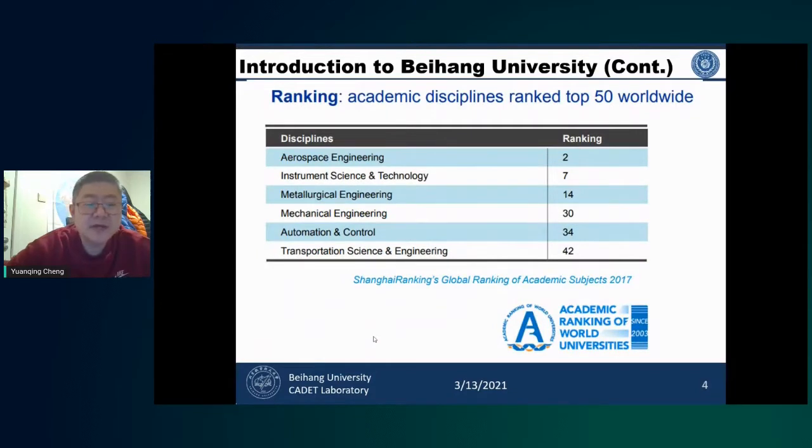As for the discipline ranking, according to the Shanghai ranking, the global ranking of academic subjects 2017, aerospace engineering was ranked the second place worldwide, and there are also some other disciplines that were ranked as top 50 worldwide.